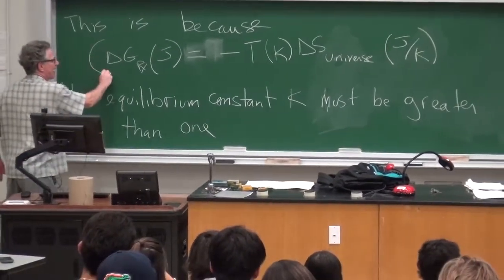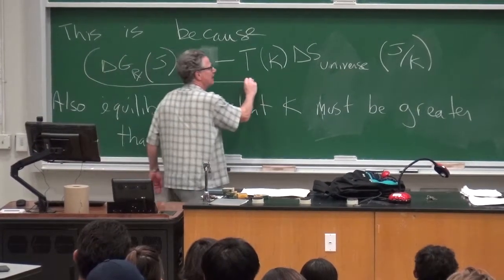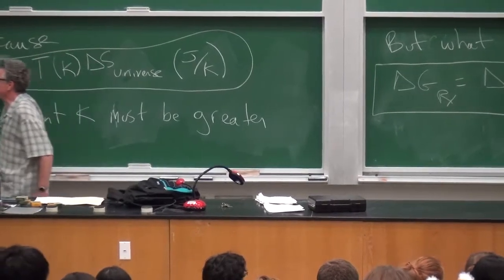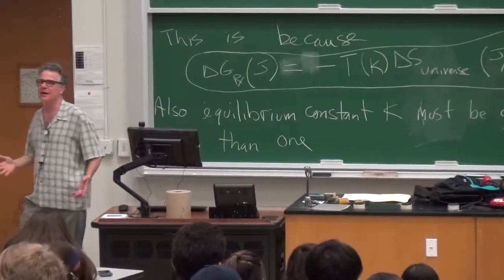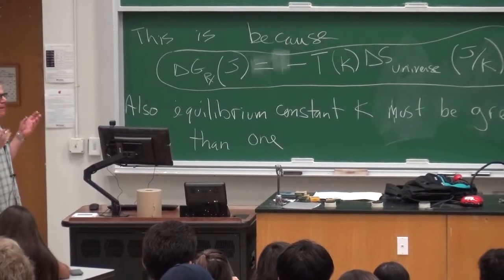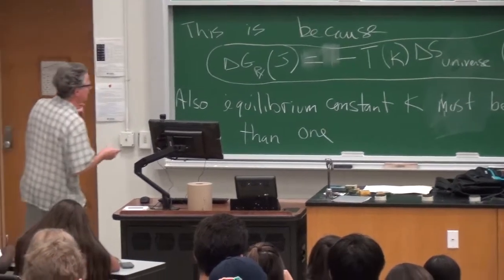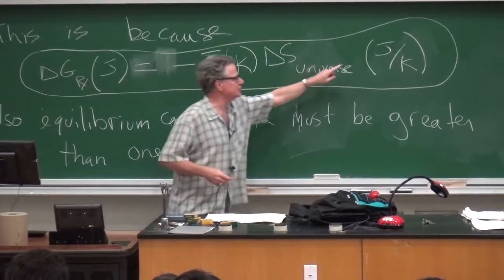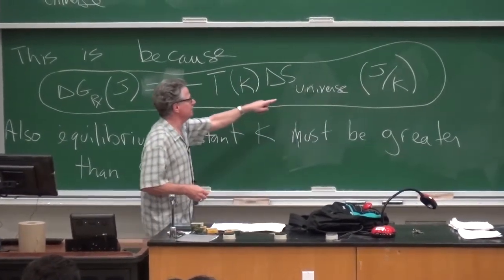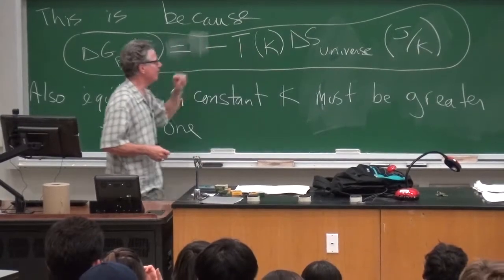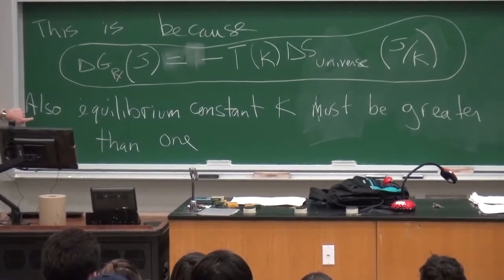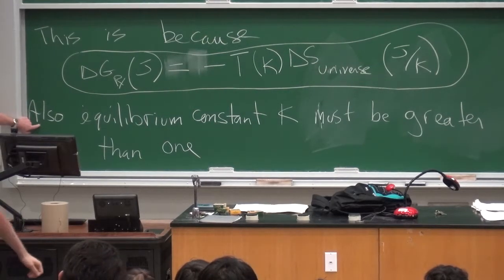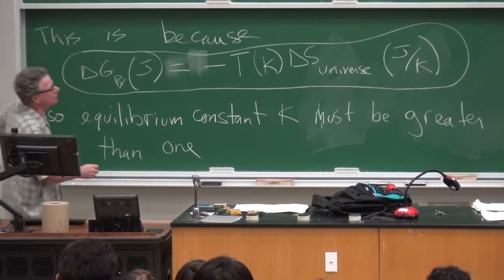It says delta G reaction in joules is minus T delta S of the universe. So basically delta G reaction and delta S of the universe are very similar parameters. But again, to convert delta S, which is in joules per Kelvin, into an energy, you multiply by the temperature. Now the third thing we knew, and we knew it before we started all this, was that also the equilibrium constant must be greater than 1.